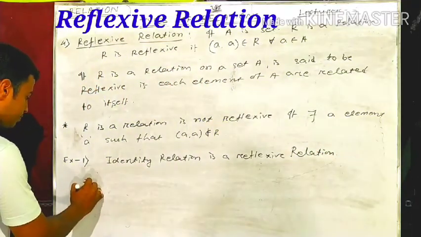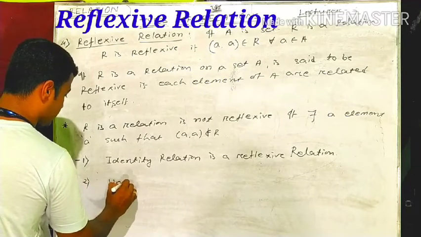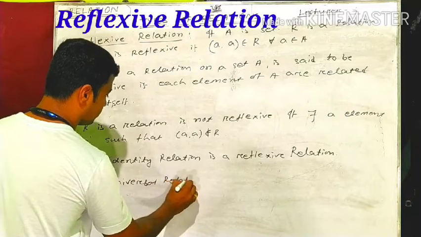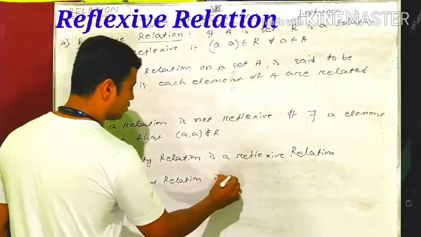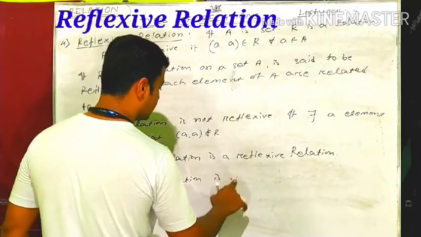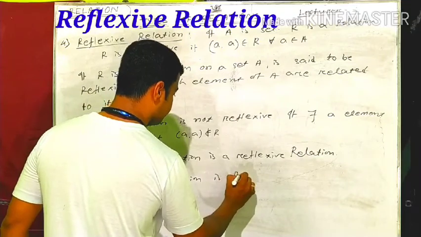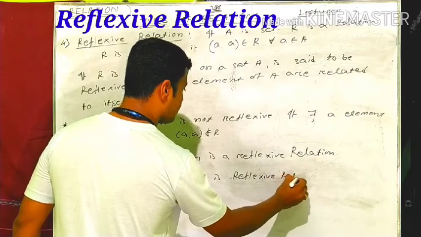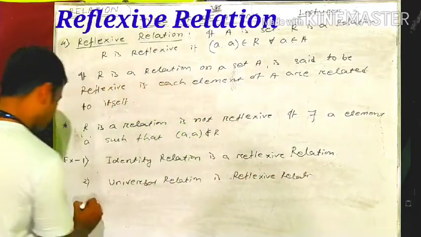Example 2: the universal relation is also a reflexive relation. Next point.